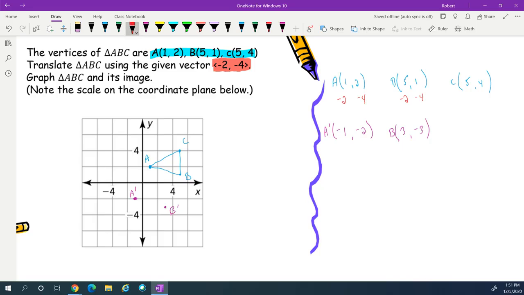And I'm going to do the same thing for C. That's why it's a rule, so that we can follow it for all the points of the image. So we get 3, 0, and that's C prime. So there's our new triangle. They are congruent. It is just slid over and down. Triangle A, B, C was translated to become triangle A prime, B prime, C prime.